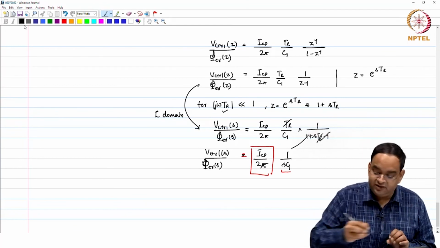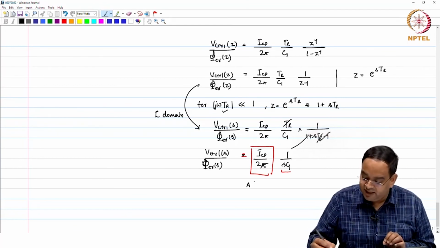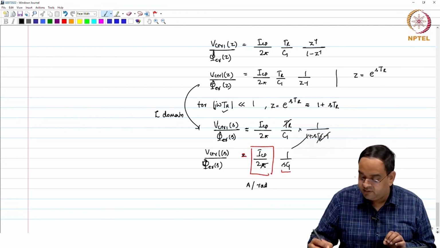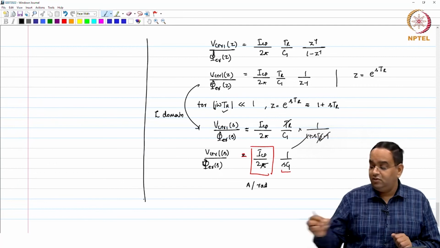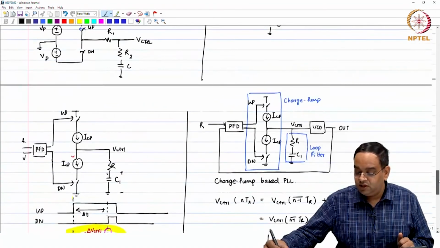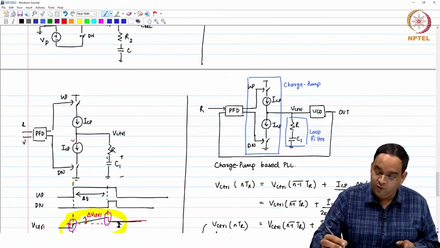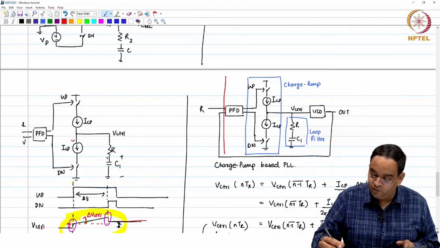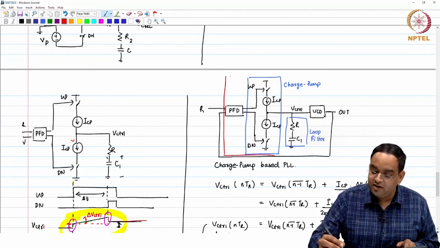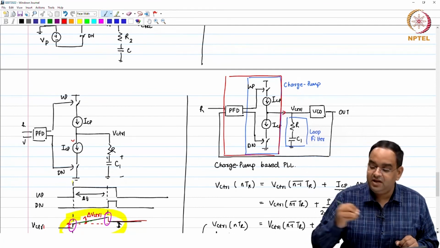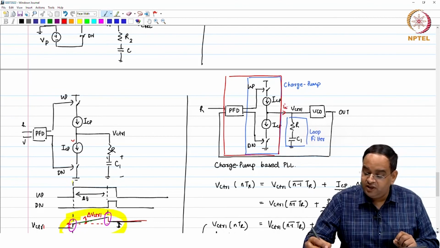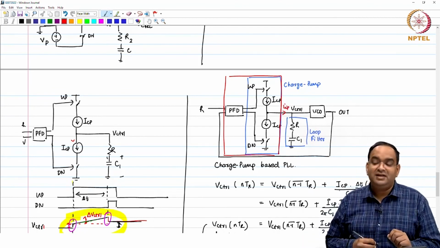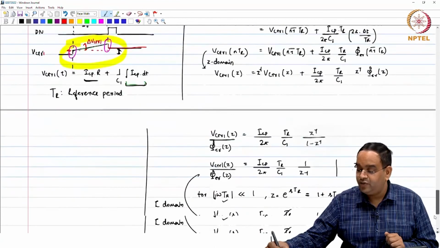You will see the units of I_CP by 2 pi are ampere per radian. So, I will mention it again: this whole block, PFD plus charge pump, can be treated as one single block with gain I_CP by 2 pi.